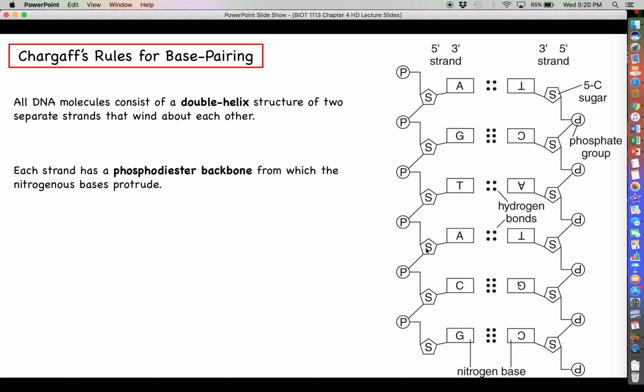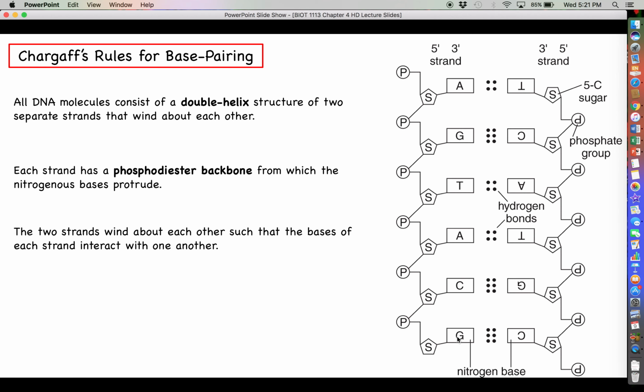The bond between the S and the P is called a phosphodiester bond. So this repeating backbone structure is called the phosphodiester backbone. And from this backbone, the bases are going to protrude. The letters here indicate which of the 4 bases are protruding. So we have adenine, guanine, thymine, adenine, cytosine, guanine from top to bottom here.